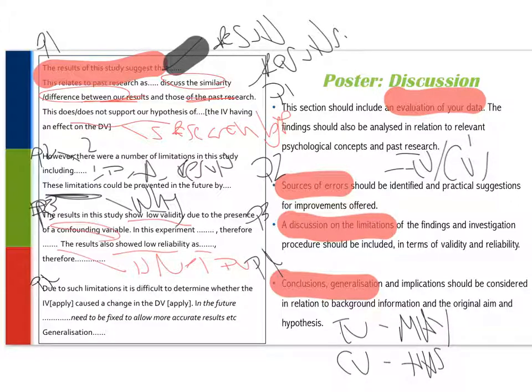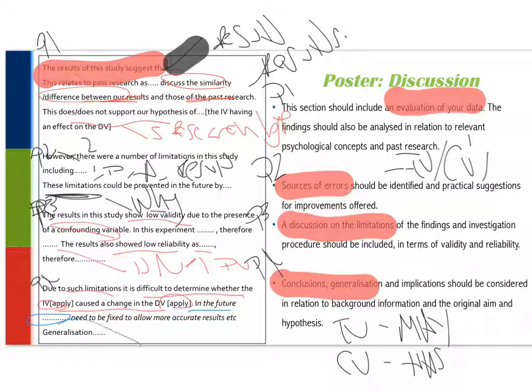So we're just starting off by saying, due to such limitations, it's difficult to determine whether the IV caused a change in the DV. Now remembering what you're doing is you're applying. So then what you're going to do is say in the future, XYZ needs to be fixed.